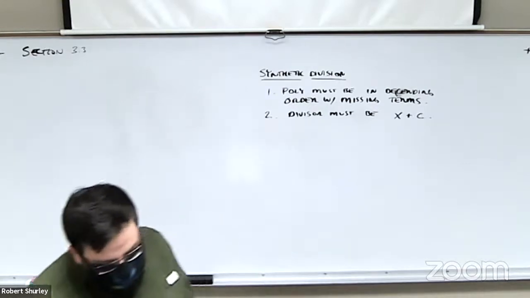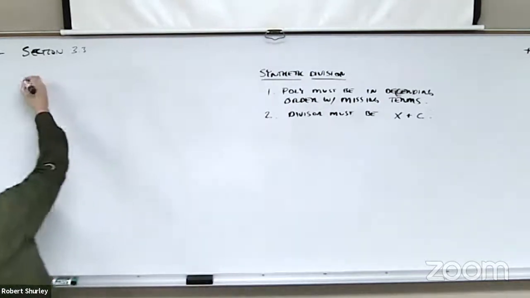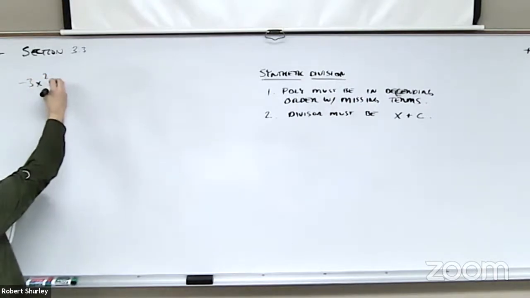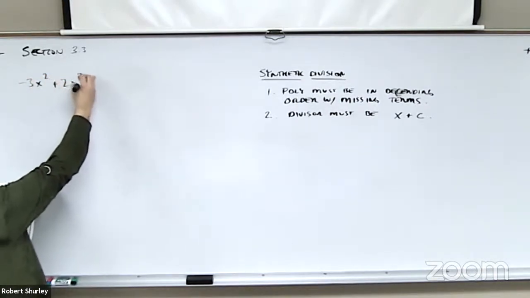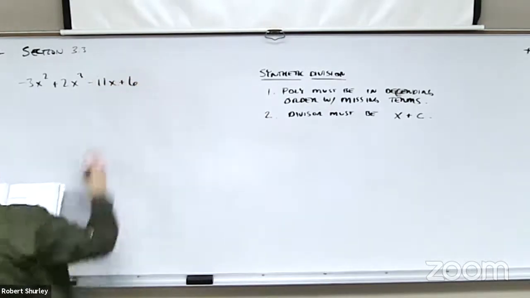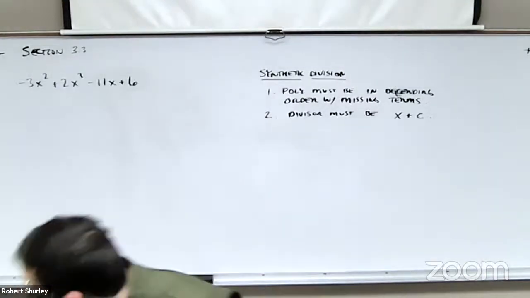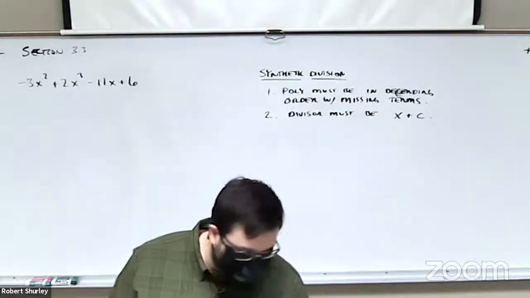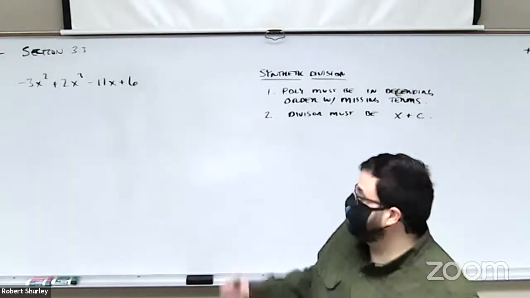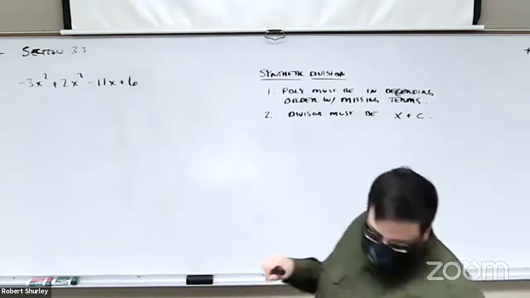Okay, so let's say I've got some polynomial, minus 3x squared plus 2x cubed minus 11x plus 6.